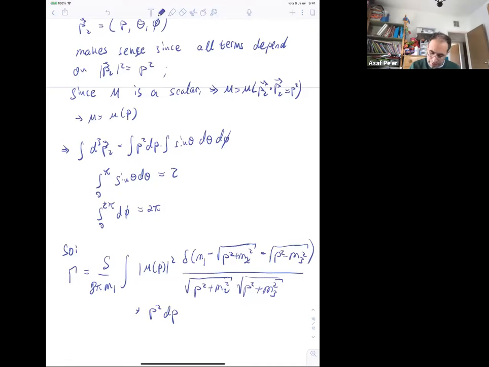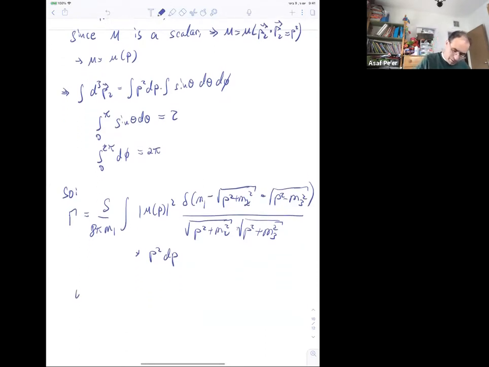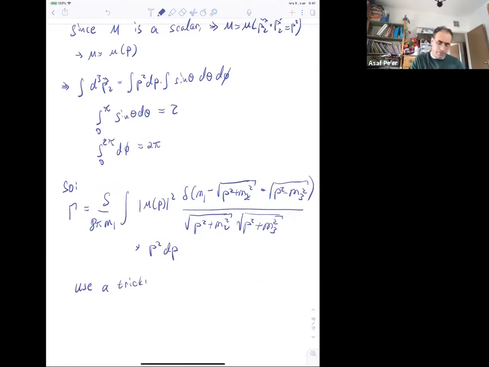Okay, we're nearly there. We still have one delta function which we did not use, which is great because we're going to use it to cancel the last integral. But in order to do it properly, we use a trick. We make a change of variable to u, which is defined as the square root of P squared plus M2 squared plus the square root of P squared plus M3 squared.